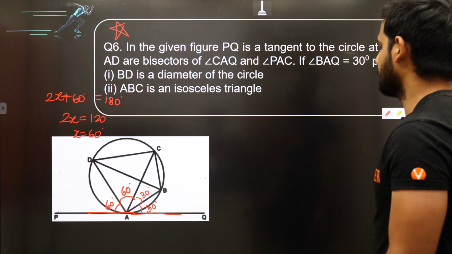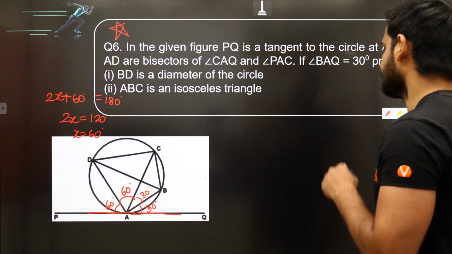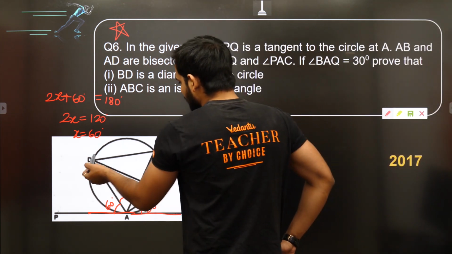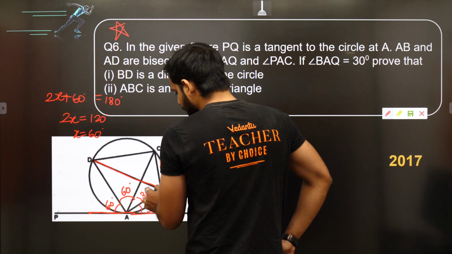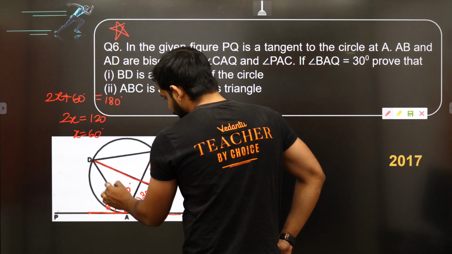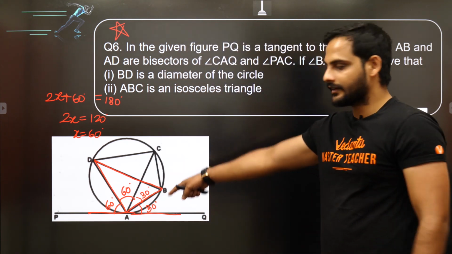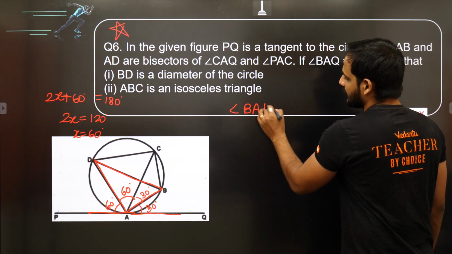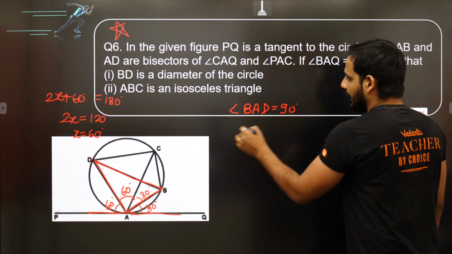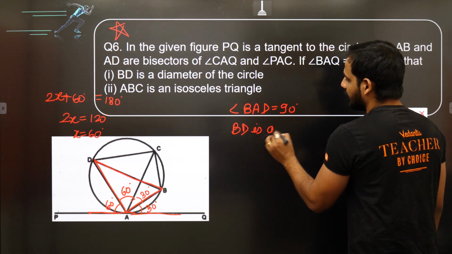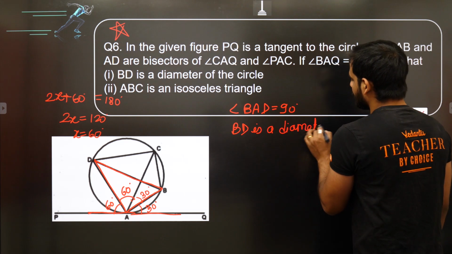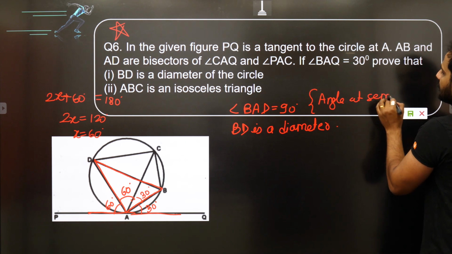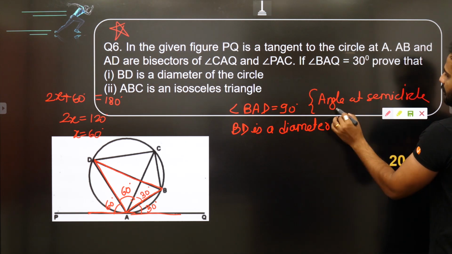What we have to prove is that BD is the diameter. And you know how to prove BD is a diameter? It is very easy. If BD is a chord and it is subtending an angle of 90 degrees at the circumference, then since angle BAD is equal to 90 degrees, I can say BD is a diameter, because the angle in a semicircle is 90 degrees.